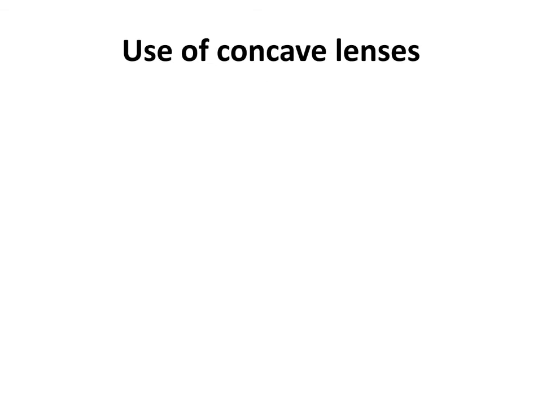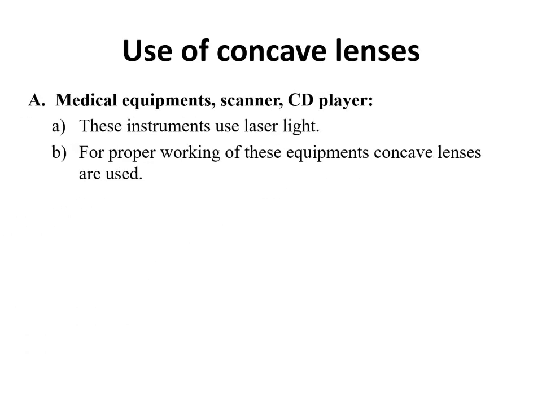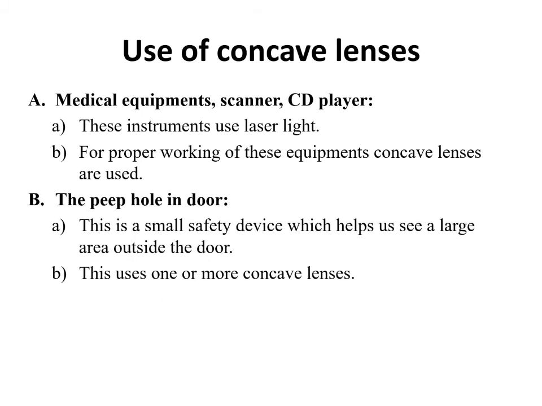Now we will start with the next topic, that is use of concave lens. First use is in medical equipment, scanner, CD player. These instruments use laser light. For proper working of these equipments, concave lenses are used.